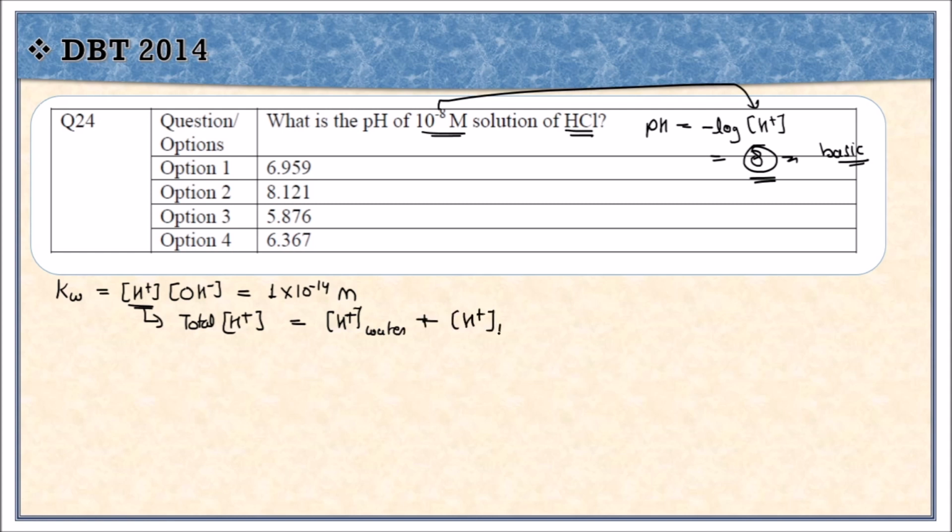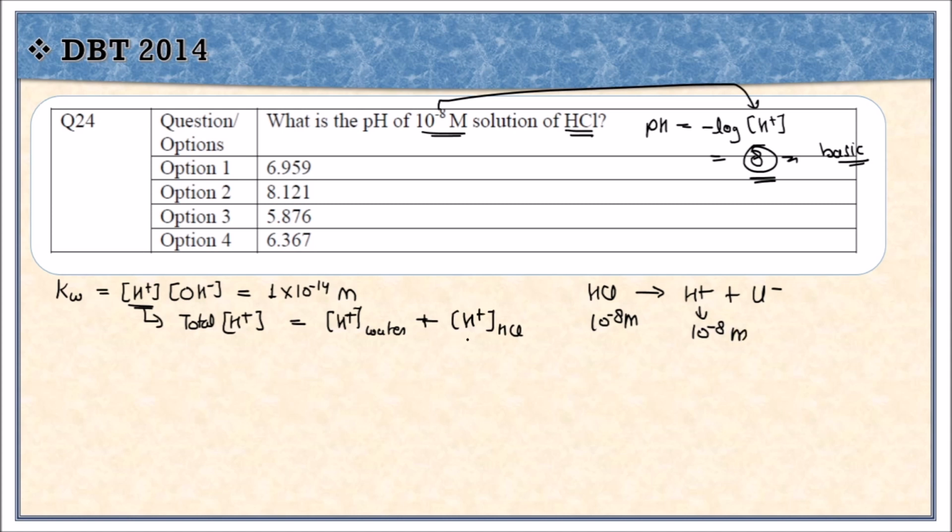See, HCl is a strong acid, so it will completely ionize in water and give us H plus and Cl negative. That means if we dissolve 10 to the power minus 8 molar of HCl in water, it will obviously give 10 to the power minus 8 molar H plus.